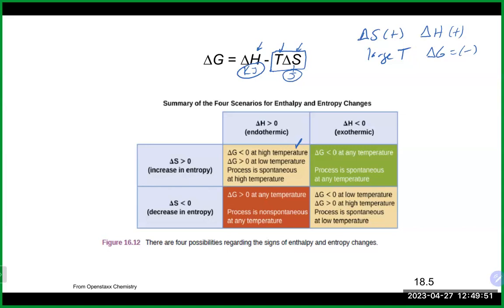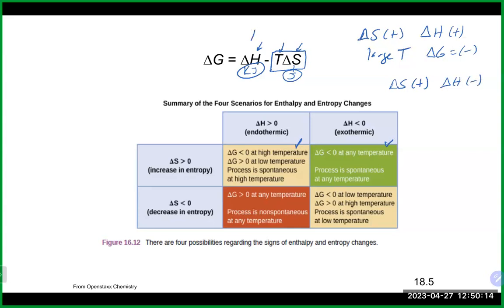In that situation, you won't have a big enough number on the back end of that equation to overtake the front number. And that means the front number will still be positive and our delta G would be positive, and the reaction would end up being non-spontaneous. If we went to this box here, our delta S is positive, our delta H is negative in this case.